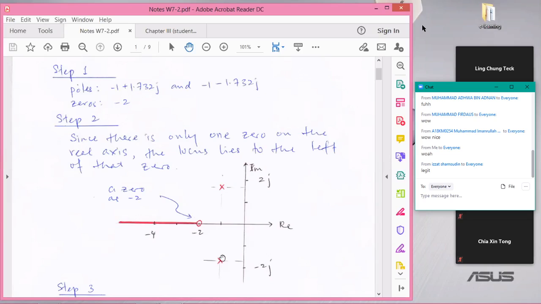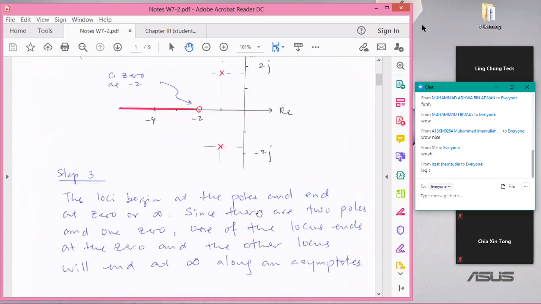Since we have two poles, we are going to have two loci. So how is that going to happen? Somehow it's going to leave this complex pole and it's going to break in into the real axis. And then we can compute that breaking point.